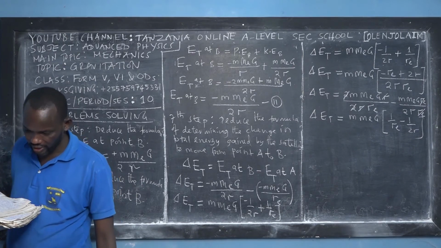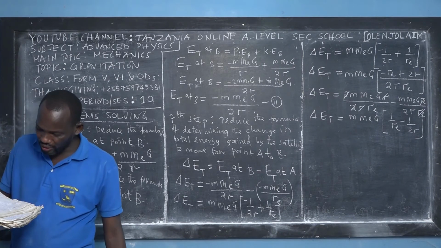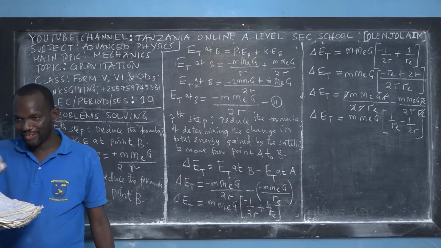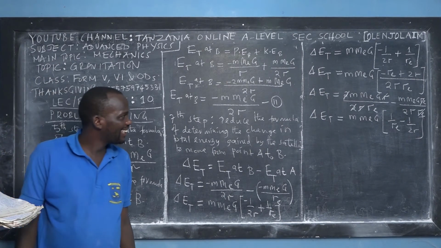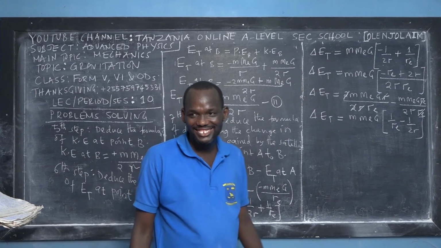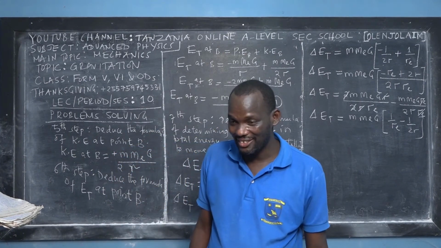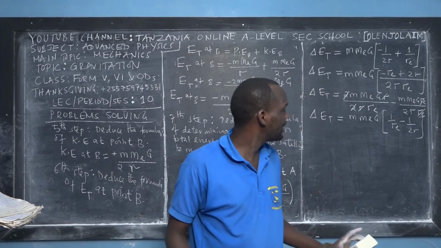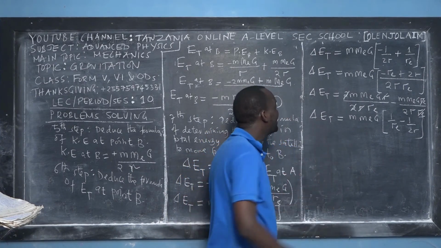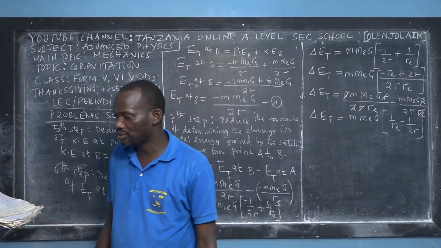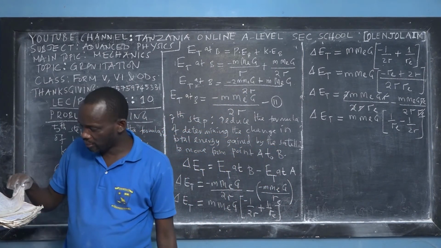Okay, so if that's the case now, the next step, we say, are we given the value of the universal gravitational constant? No. What are we given? The value of acceleration due to gravity, which is 10 meters per second squared. So this is the final formula, but we are not given the value of the universal gravitational constant in the question.